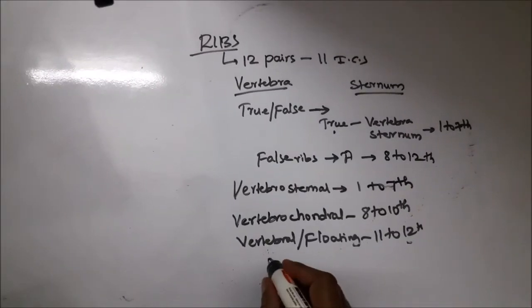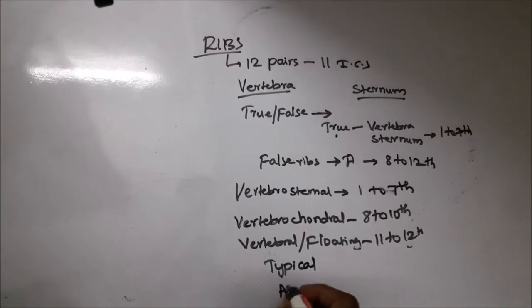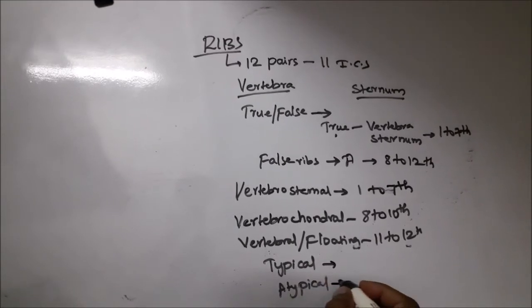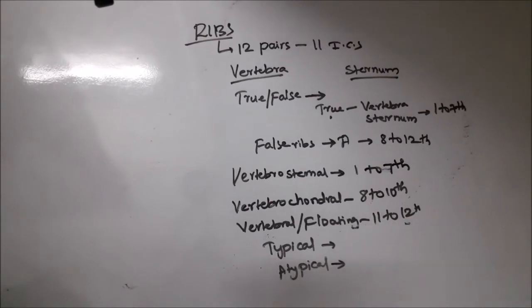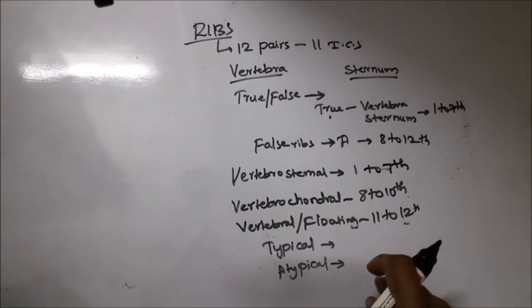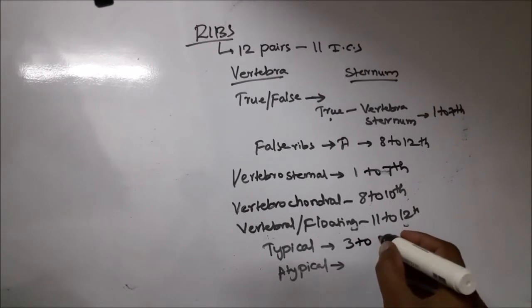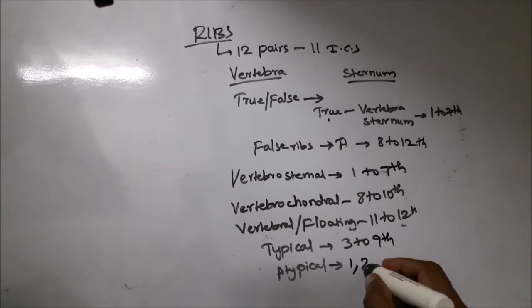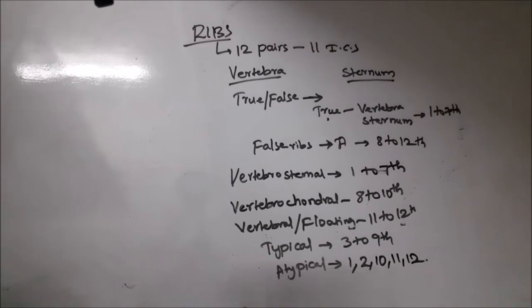Now the next classification is typical and atypical ribs. Typical ribs all have common features, whereas atypical ribs have some specific identifying features. Typical ribs are the 3rd to 9th ribs, whereas atypical ribs are the 1st, 2nd, 10th, 11th and 12th ribs.